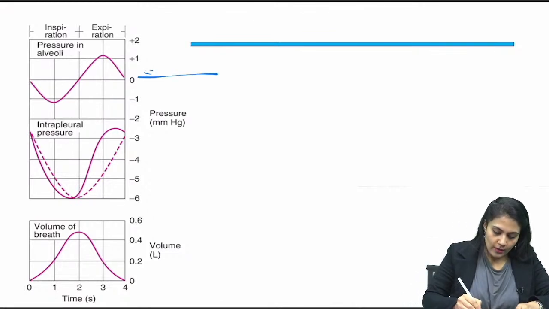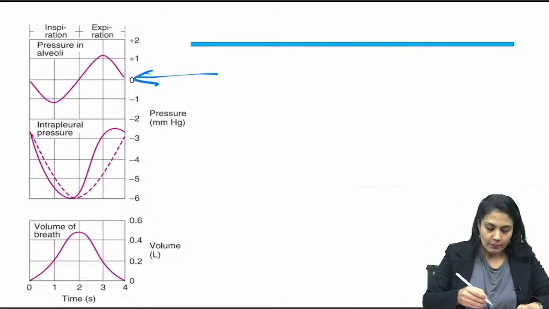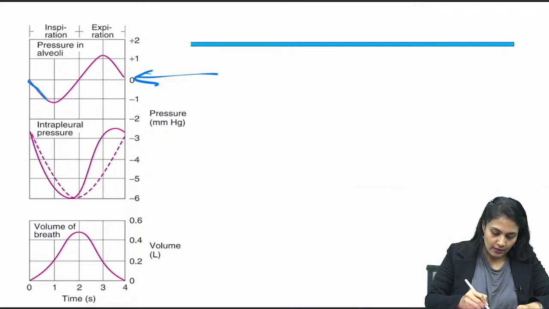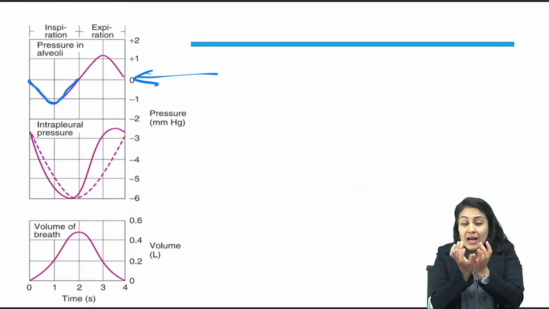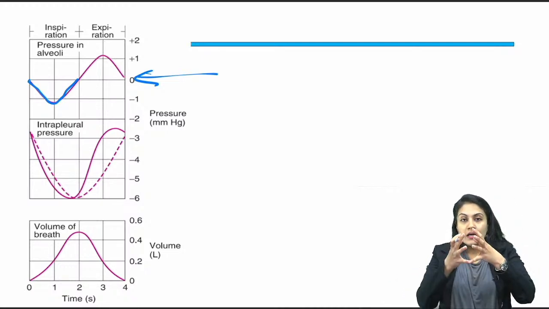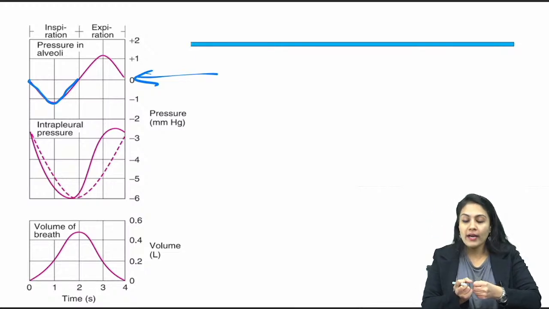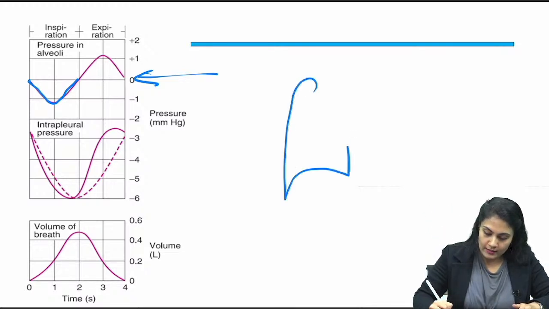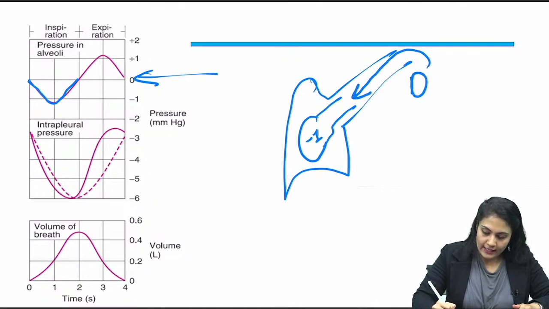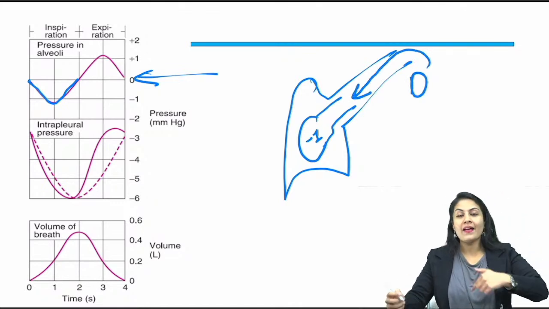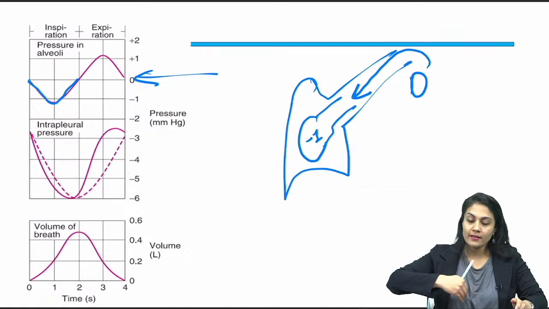So look over here. We just now drew the diagram of it. During inspiration, you can see we have to have the negative pressure so that our lung can take in more air. Why? Suppose this is the alveoli in the lung. If it is at -1 and outside it is 0, there is a gradient towards the lung, and that's why the air is going to come inside, right?